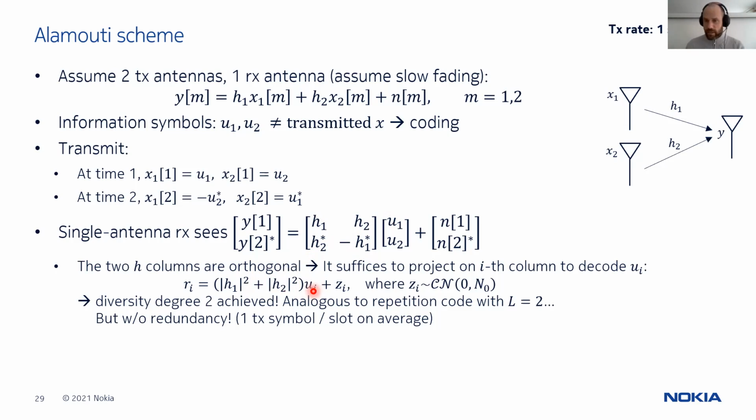We could have done this with a repetition code, but we would have needed twice as many slots. Here we have transmitted 1 symbol per slot on average, because we have transmitted 2 symbols over 2 slots, which is much better than the repetition code that would have transmitted just 0.5 symbols per slot.